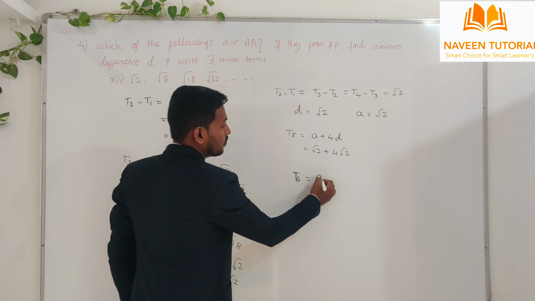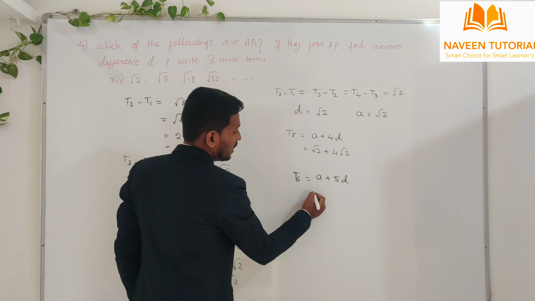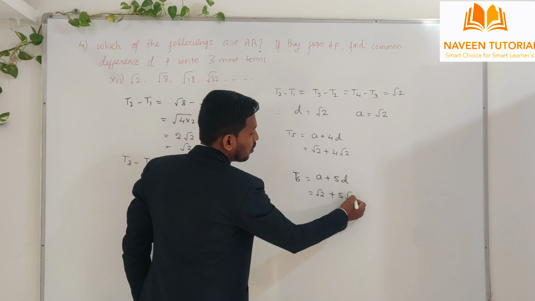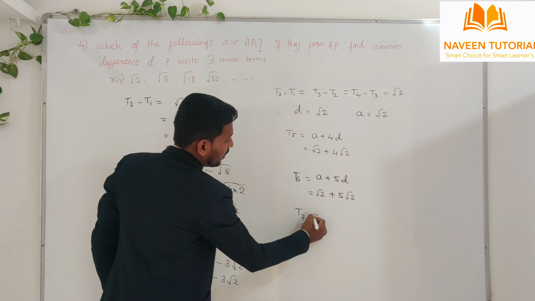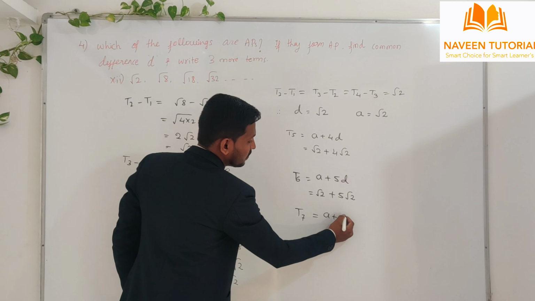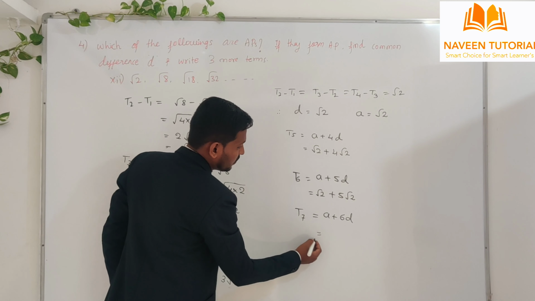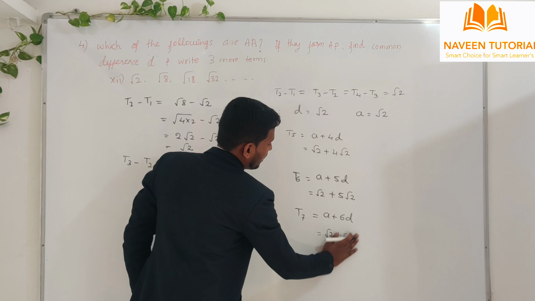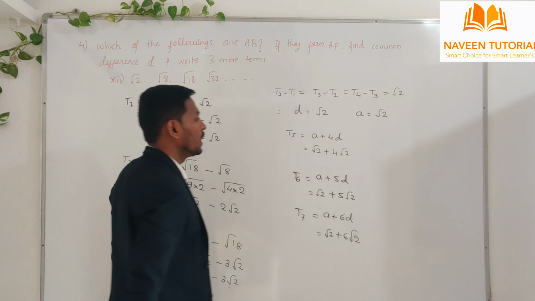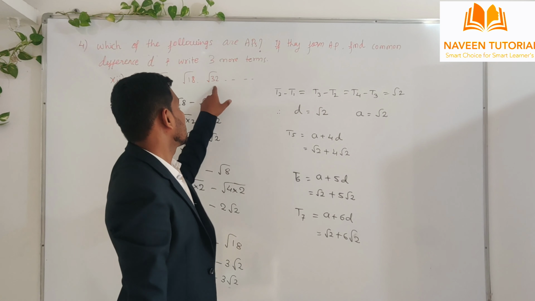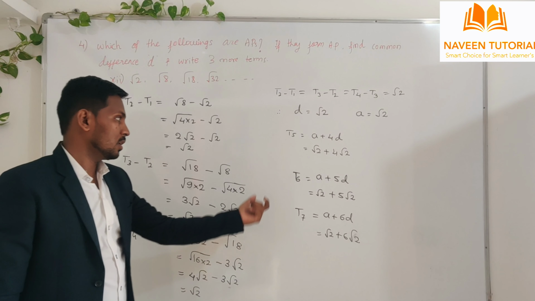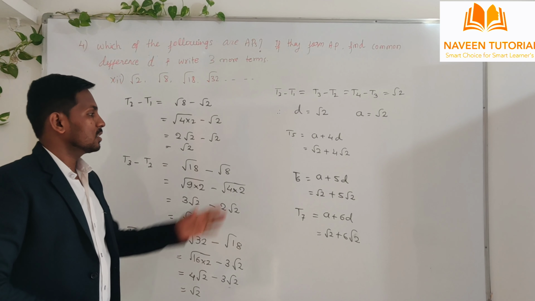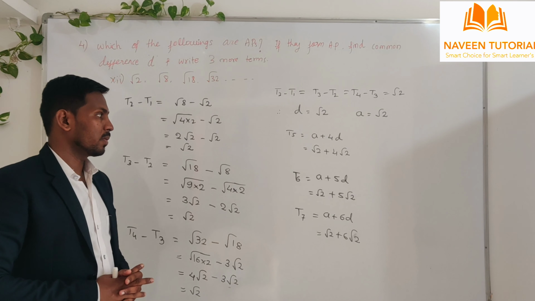T6 is equal to A plus 5D, that is root 2 plus 5 root 2. T7 is equal to A plus 6D, that is root 2 plus 6 times root 2, where the D value is root 2. You can give it as a single number also, but for class 10th you have to stop there, with the simplification.